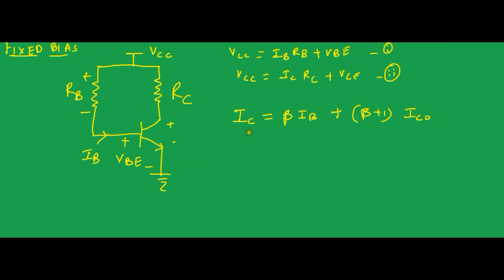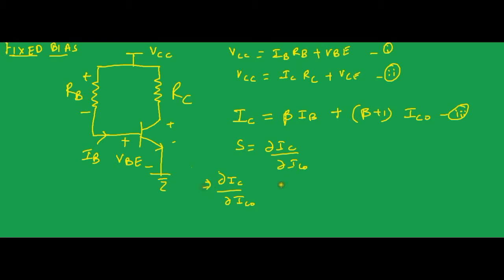What we want is to find delta IC upon delta ICO. So what to do in that case? We'll differentiate this equation 3 with respect to ICO. So what will be delta IC upon delta ICO?